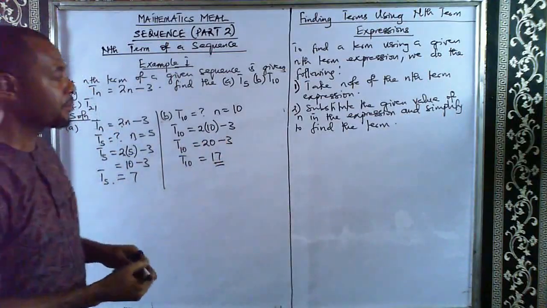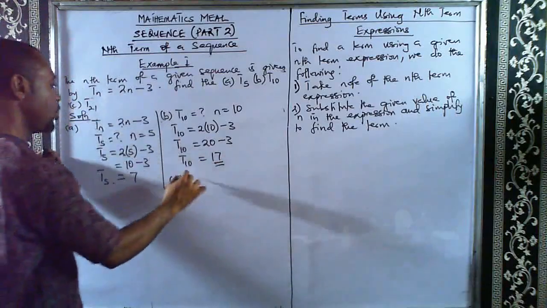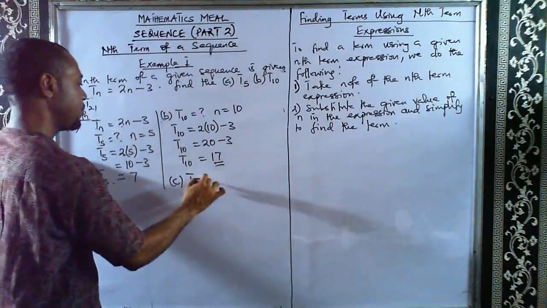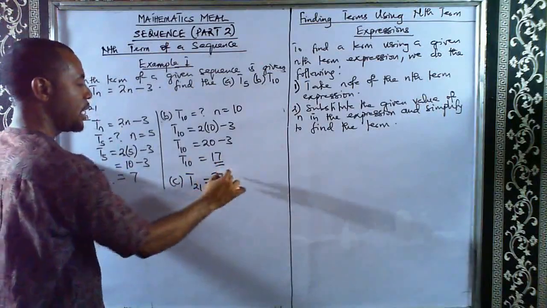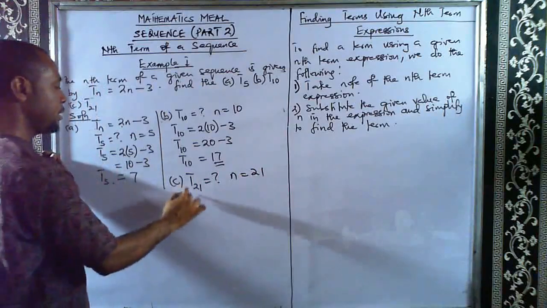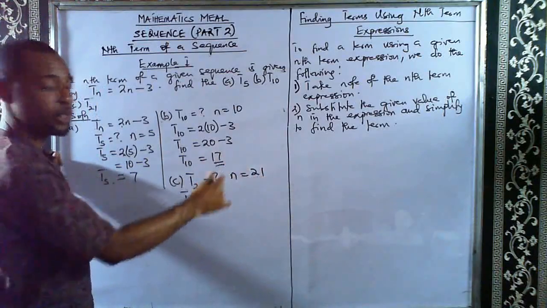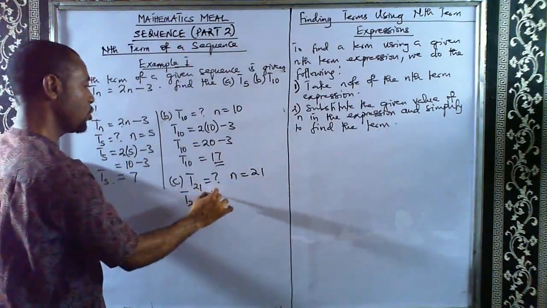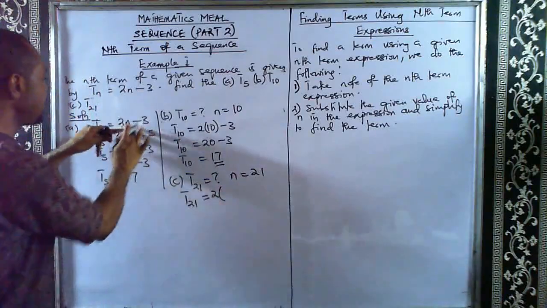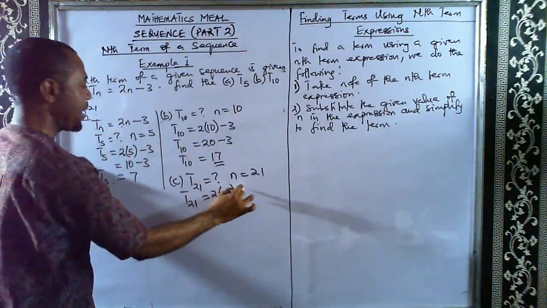It's beautiful. Then let's look at C, the 21st term. That's what we are looking for. And here n is 21. So the 21st term means any place we see n, we substitute 21. So I'm going to have 2 times 21 minus 3, in this same expression.